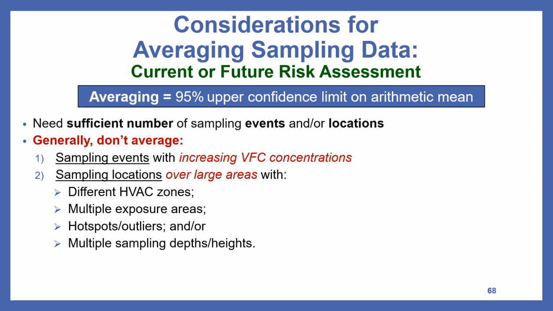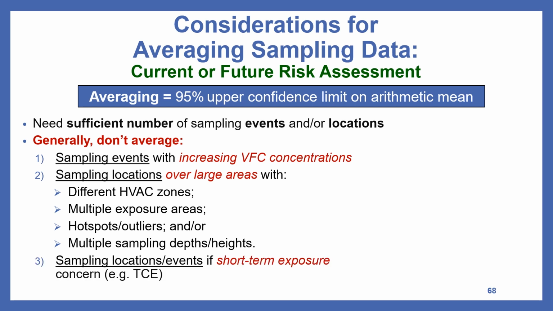Second, we don't recommend averaging sampling locations over large areas, specifically large areas with different HVAC zones, multiple exposure areas, hotspots and outliers, and/or multiple sampling depths and heights. Third, we don't recommend averaging sampling locations or events if there's a short-term exposure concern, such as TCE above a short-term exposure level.